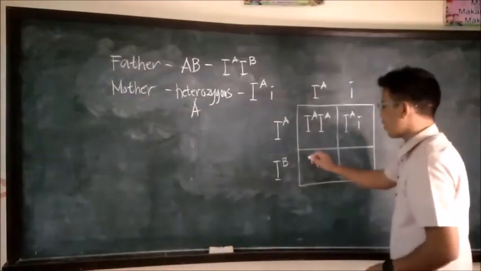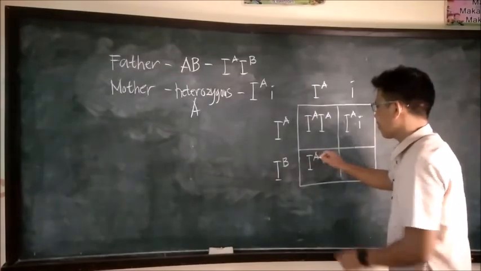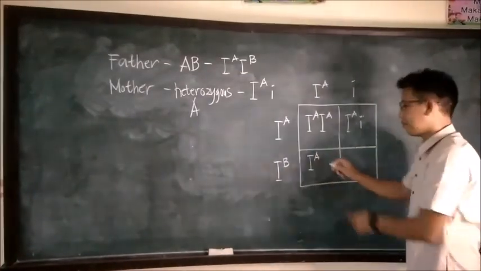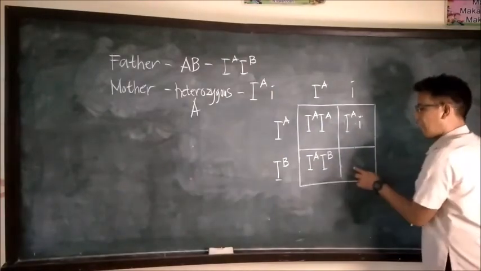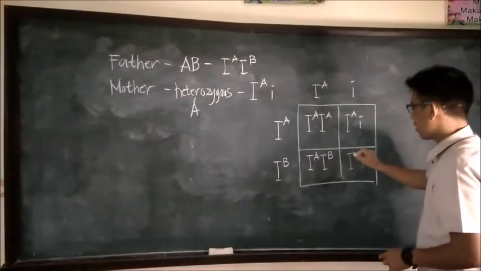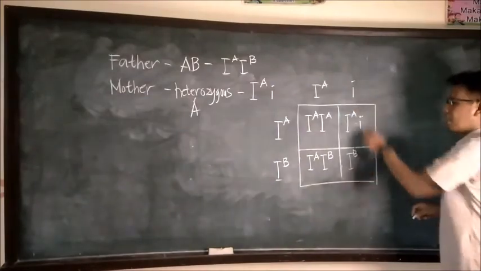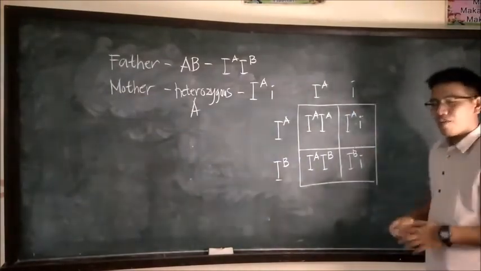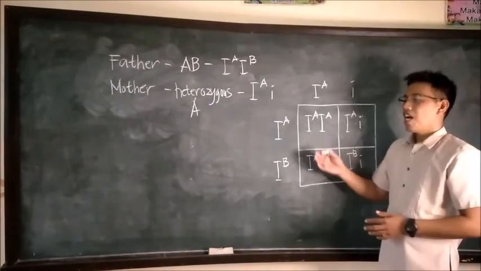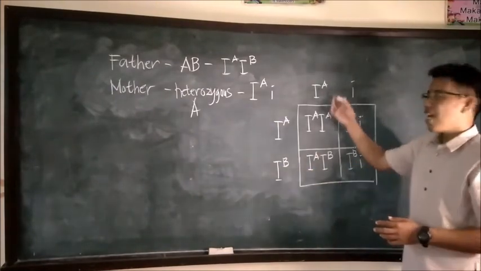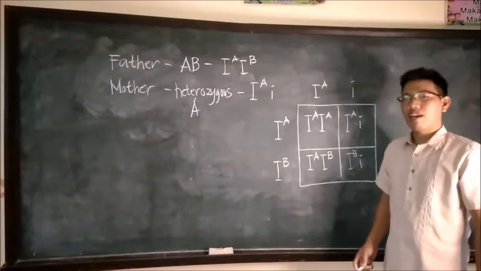So you include first IA, and then IB, and then IB, and small letter i. So you now have the possible genotypes of the offspring when you cross a blood type AB father and a heterozygous A mother.